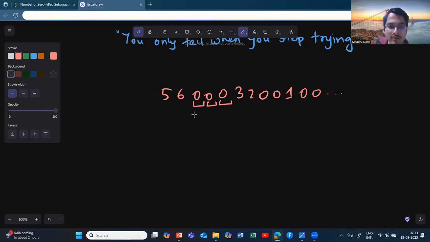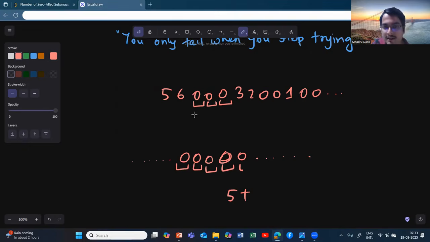But if you focus only on one chunk, let's say you have a chunk of continuous zeros, how many subarrays will you get out of only that particular chunk? For this chunk of zeros, first you get five subarrays of length one. I hope you easily understand that.